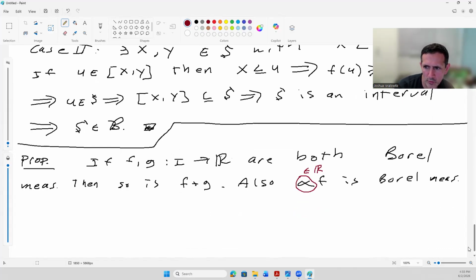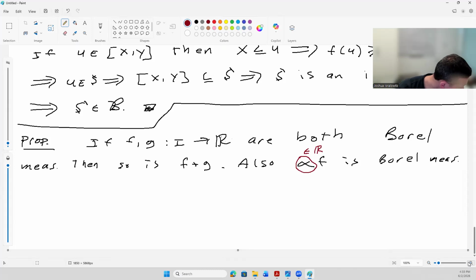You could do this also for complex valued functions. You just assume the real and imaginary parts are each separately Borel measurable. It's the definition. But yeah, again, I'll try to do this quickly.